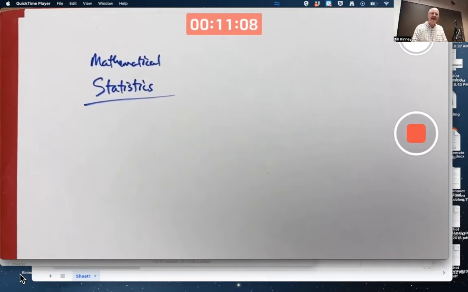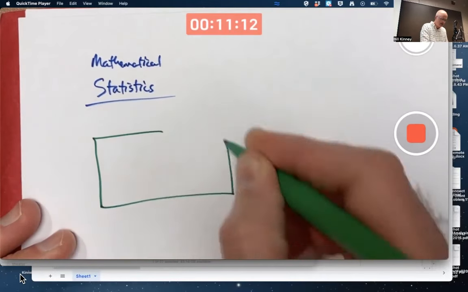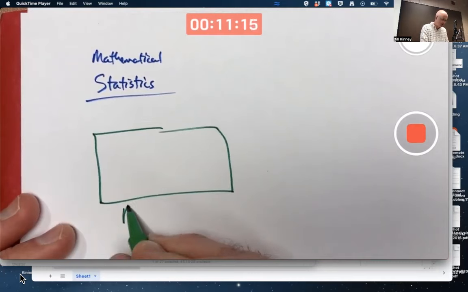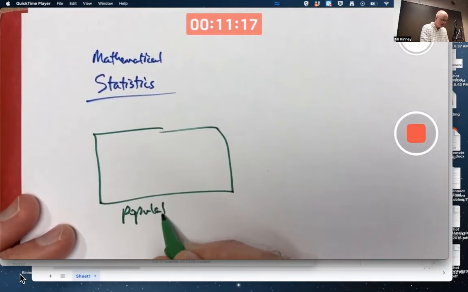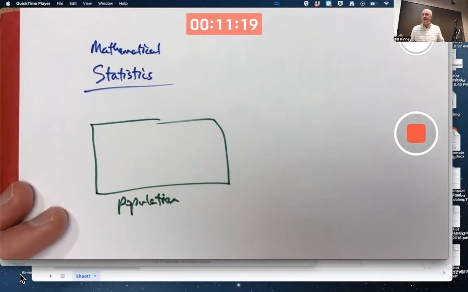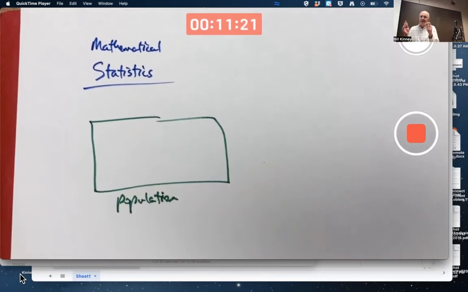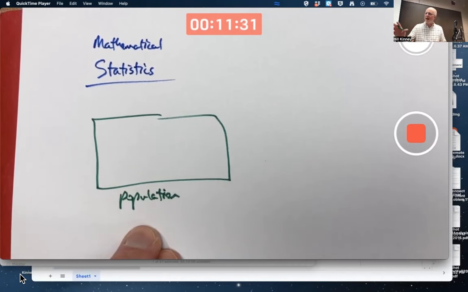And the key initial concept is that you have a population. Pretend this box represents a population. Now, when I use these words, they mean slightly different things depending on how you want to think about them. When people who do basic statistics think about the word population, and when I say basic, I don't mean just people who are taking intro statistics.